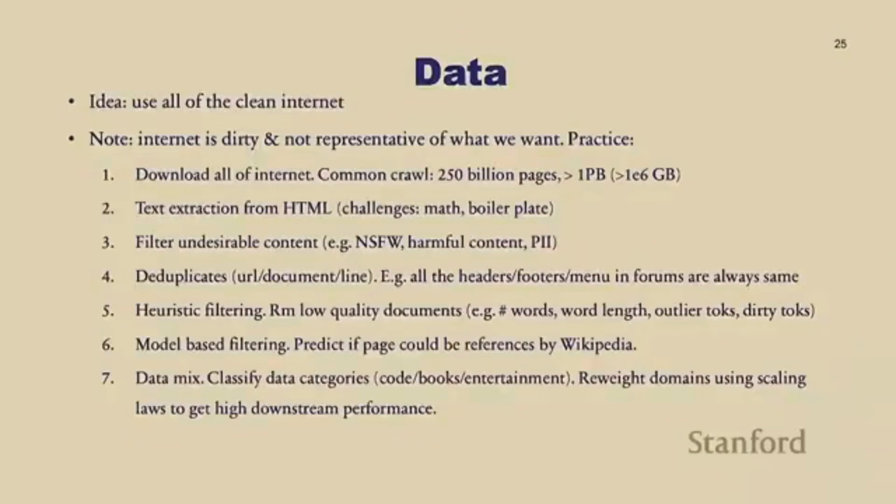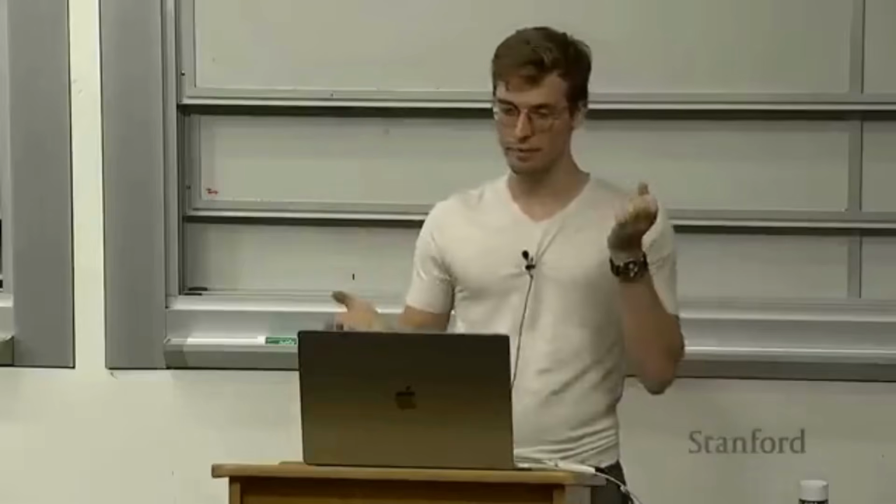Next, you will try to classify your data into different domains. You will say, okay, this is entertainment, this is books, this is code. And then you will try to either up or down weight some of the domains. For example, you might see that if you train more on code, your model becomes better on reasoning. That's something people usually say in a very hand-wavy way.